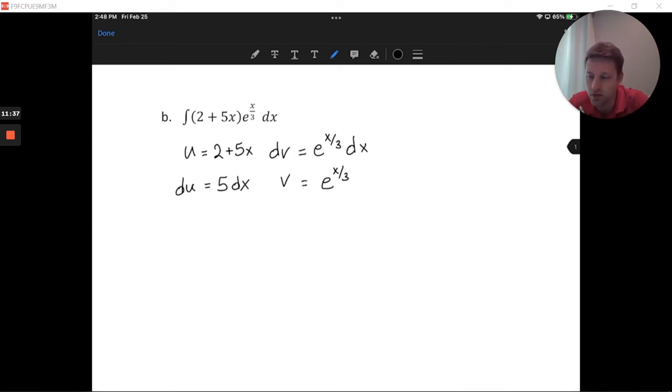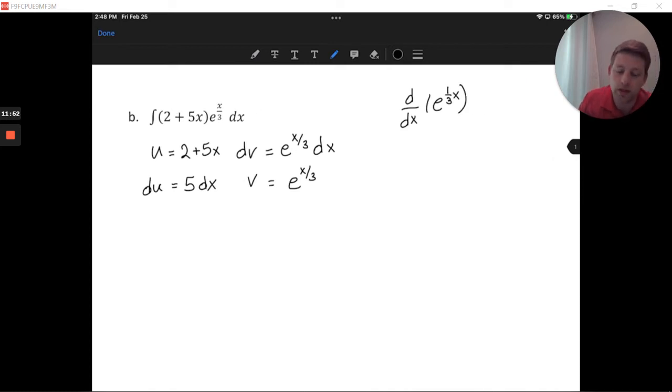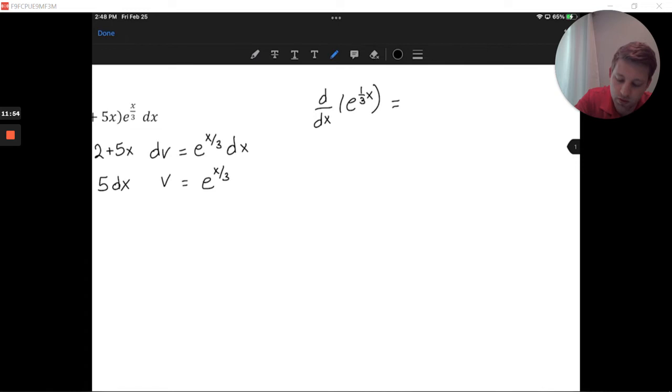It's x over 3. So when I would take the derivative of this term, just to go back, I would consider this as really 1/3 x. And so when I take its derivative, I would repeat my function times the derivative of the exponent, which is 1/3.